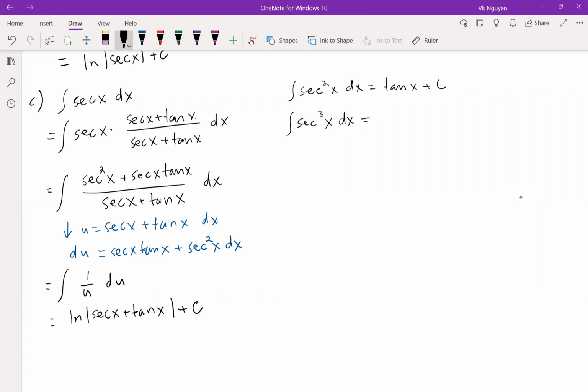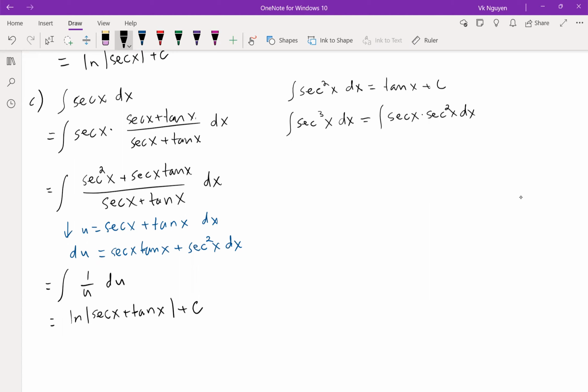Well, to do this one, we're going to have to split the power: secant x times secant square x dx. And here we don't want to convert it into tangents, because if we do that, it won't get us anywhere.